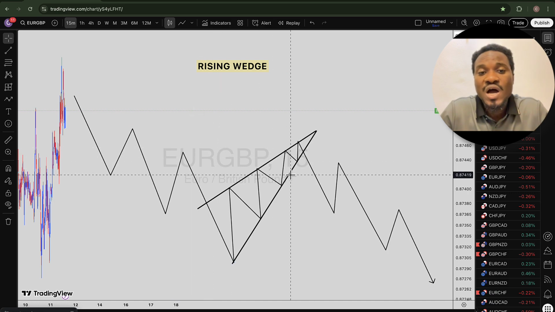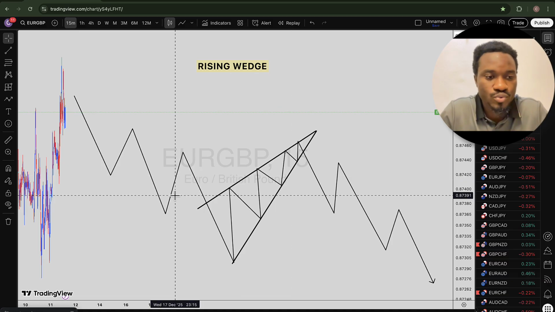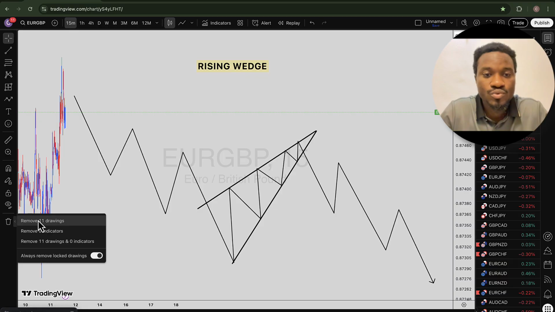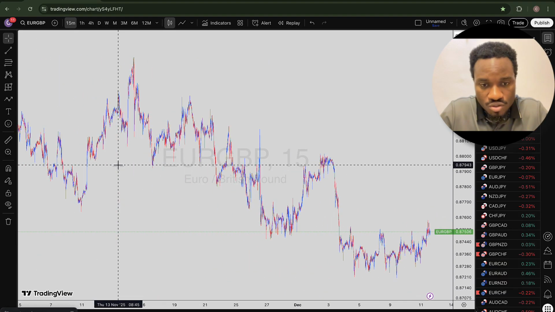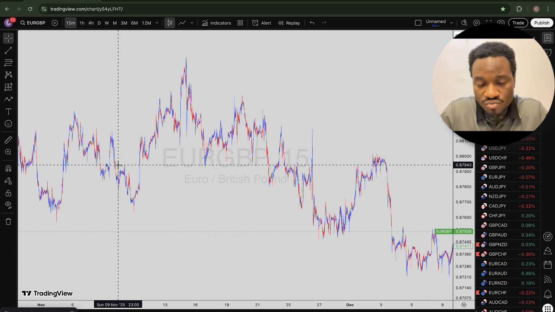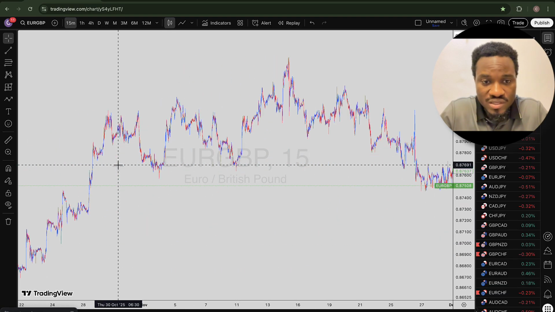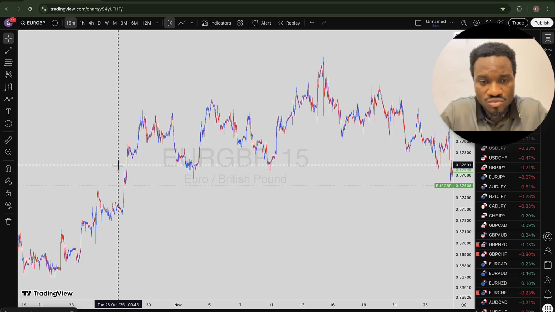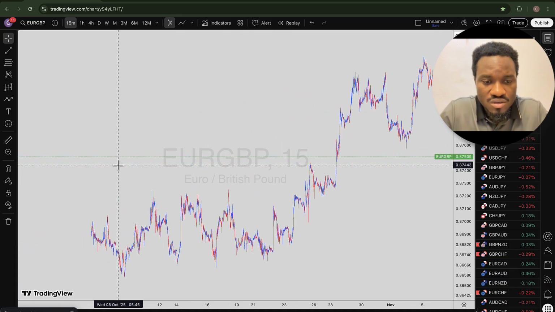Now let's look at how this pattern can be constructed on real price chart examples. We move on and we zoom out already. We are looking out for a rising wedge. As a scalper, this is a 15-minute chart. Let's see if we can find something. Can we get a rising wedge?